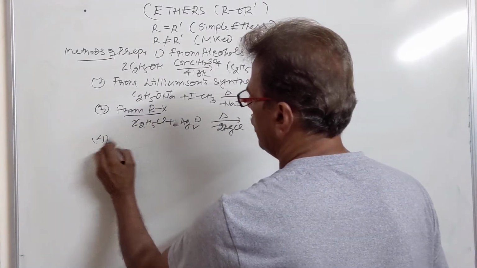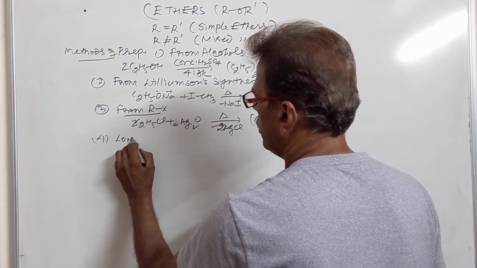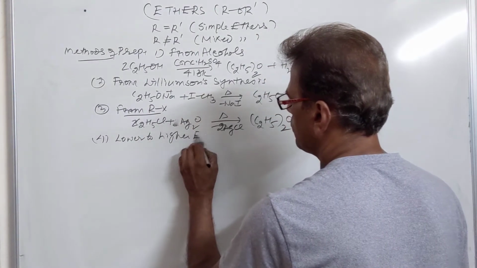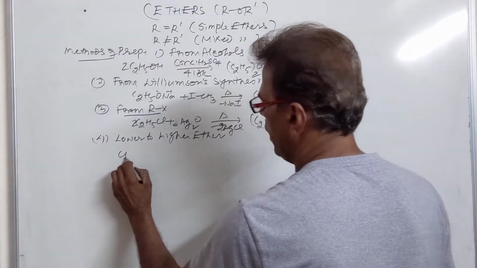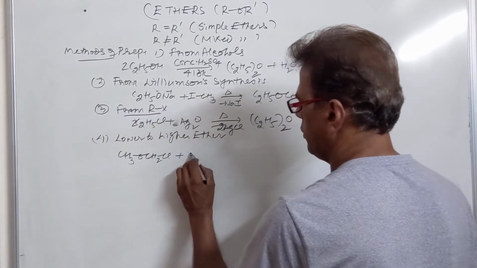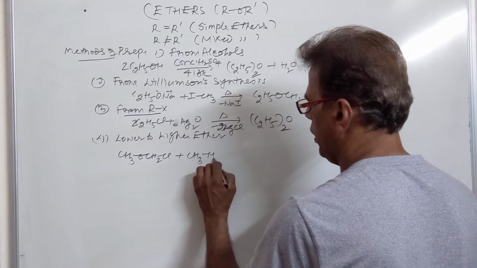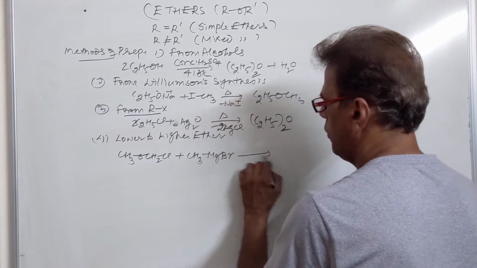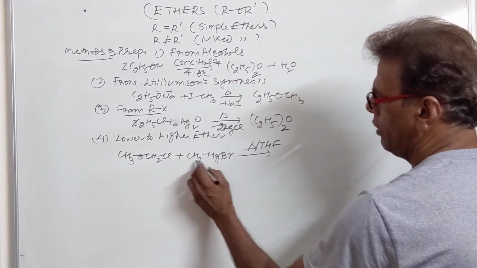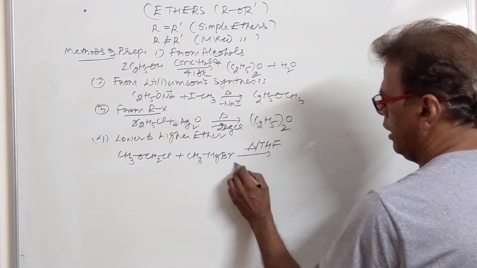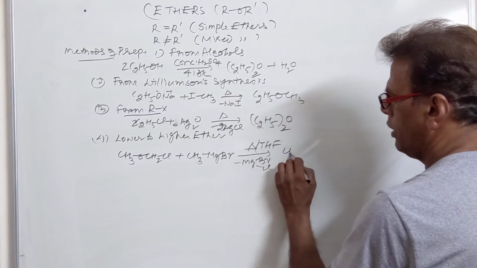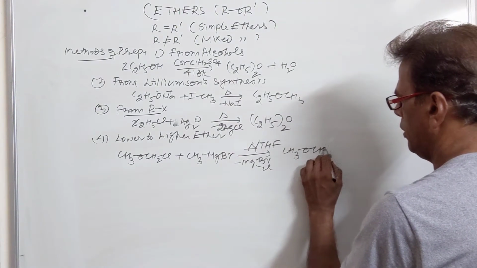Then we have ether from lower ethers to higher ethers. If we have dimethyl ether, it is chlorinated and treated with methyl magnesium bromide, a Grignard reagent. It is heated in THF solvent, tetrahydrofuran. You will lose MgBrCl, and along with that we get ether.